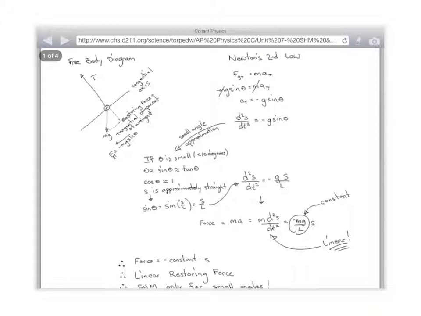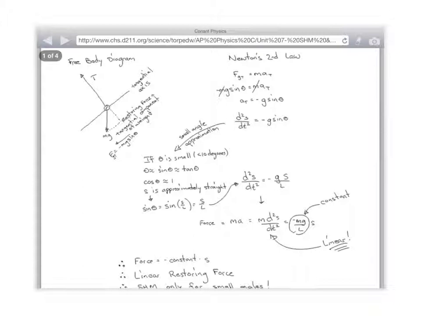I cannot have a sine in my differential equation, because if I do have a sine there, it's impossible to solve. It's not that I don't know how to solve it, it means there is no solution to the differential equation. The second derivative equals negative g over L sine theta. That doesn't exist. There is no solution to that differential equation.